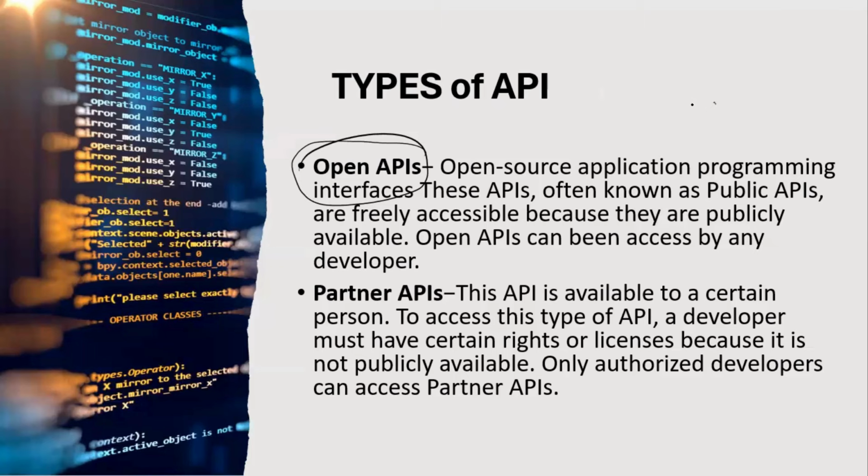Open API means the data is publicly available for every single individual, and I can connect directly with the API. This is also called a public API. Developers majorly use these open APIs from an R&D perspective. As I said, if I have created a website for weather forecasting, I need an API or a server with specific data so that the weather report is shown directly to my users.